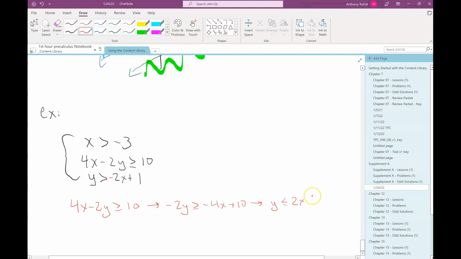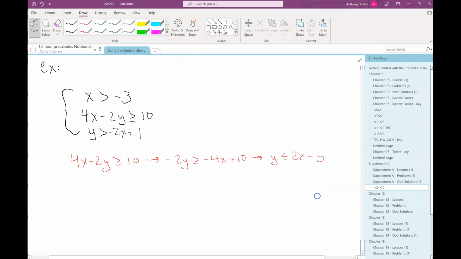Let's make that negative. And now I'm going to think of each one of these inequalities as an equation.